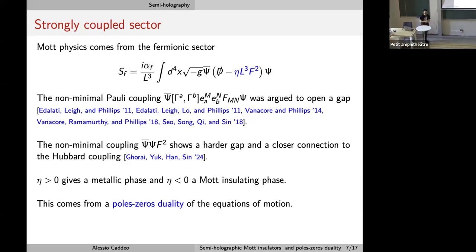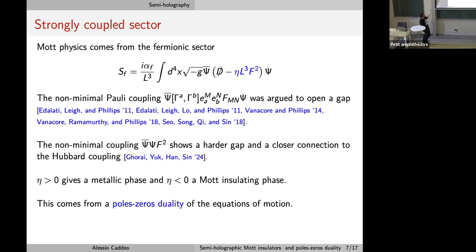The problem was reconsidered recently by the Korean group of Seo and Sin, in particular in this paper in which another non-minimal coupling was proposed, a scalar non-minimal coupling, which is actually the one that we used. It was argued that this should give rise to a hard gap, and also that it is closer in spirit to the U coupling term of the Hubbard Hamiltonian.